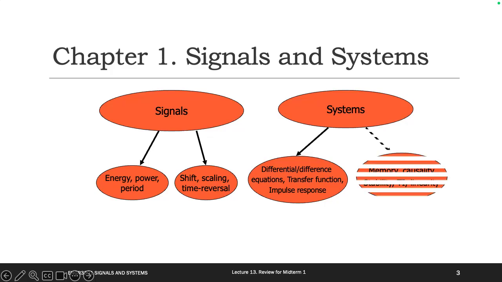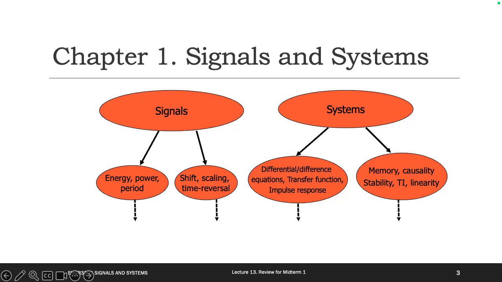Like you said, memory, memoryless, causality, causal or non-causal, stable or non-stable, TI. What does TI mean? Time invariance, which means the system will not change based on the time change. And the linearity.